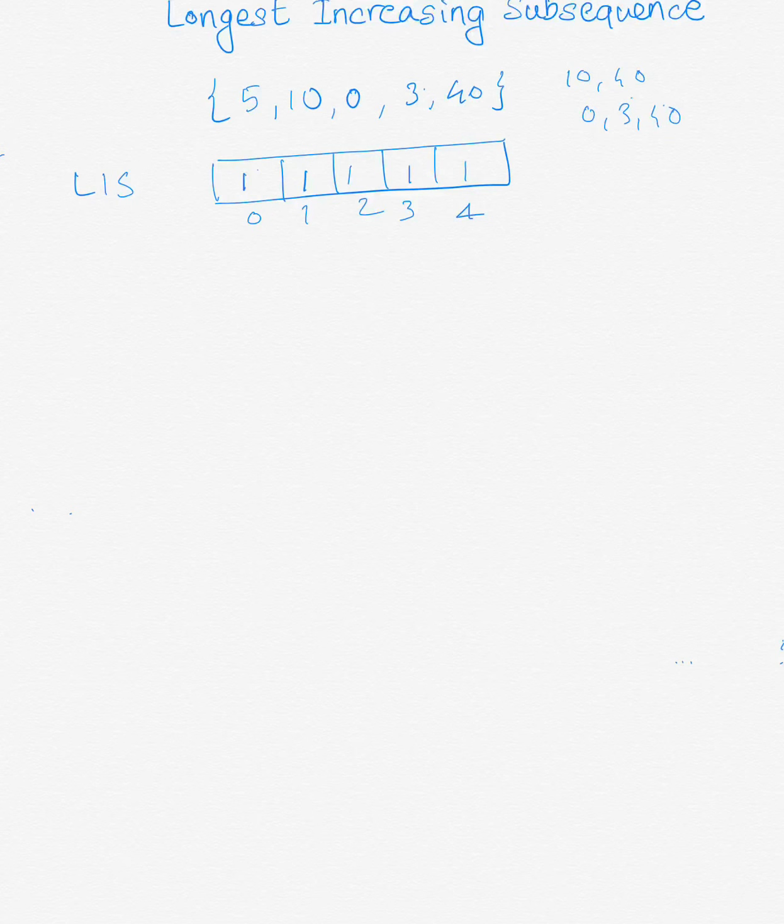What we are doing here is saving the length of the longest increasing subsequence ending with the ith element in LIS of i. Let me write it down. LIS of i represents the length of the longest increasing subsequence that ends with input of i.